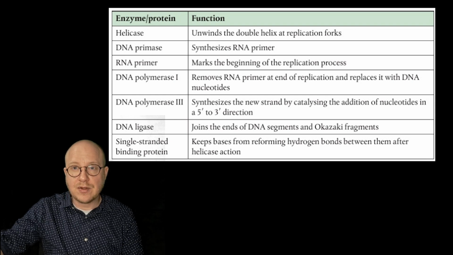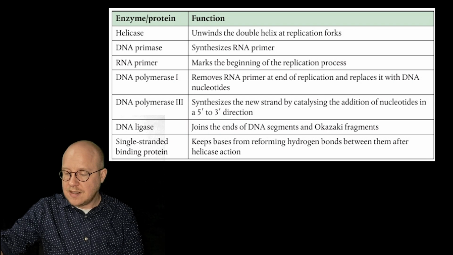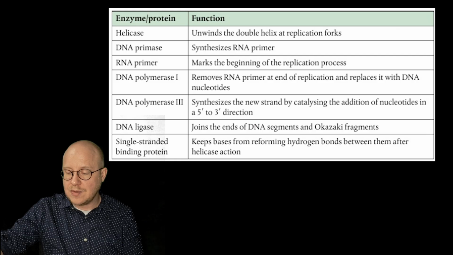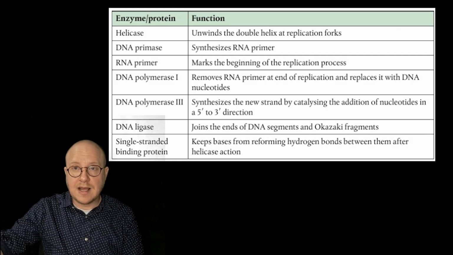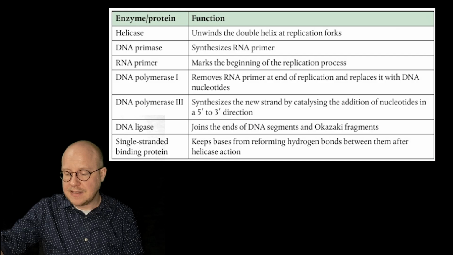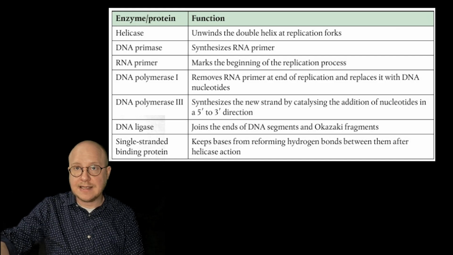DNA polymerase 3 synthesizes the new strand, catalyzing the addition of nucleotides in a 5' to 3' direction. DNA ligase joins the ends of DNA segments and Okazaki fragments. Single-stranded binding protein keeps bases from reforming hydrogen bonds between them after helicase action.